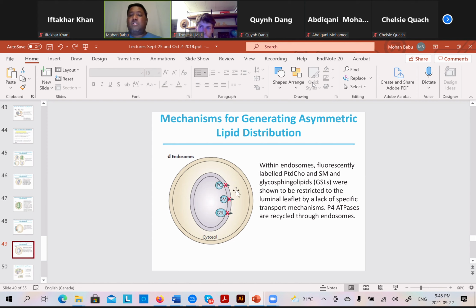So here also the P4-ATPases are usually recycled to the endosomes. So basically what they're trying to show here is that in these endosomes, these particular phospholipids are just present in the luminal leaflet, but they're not exposed to the cytosol at all.